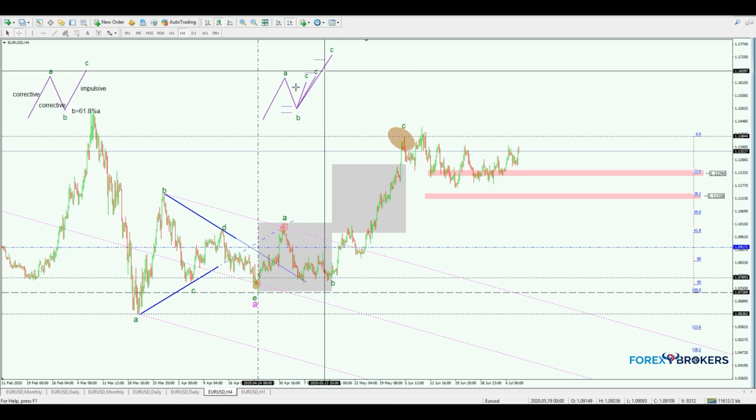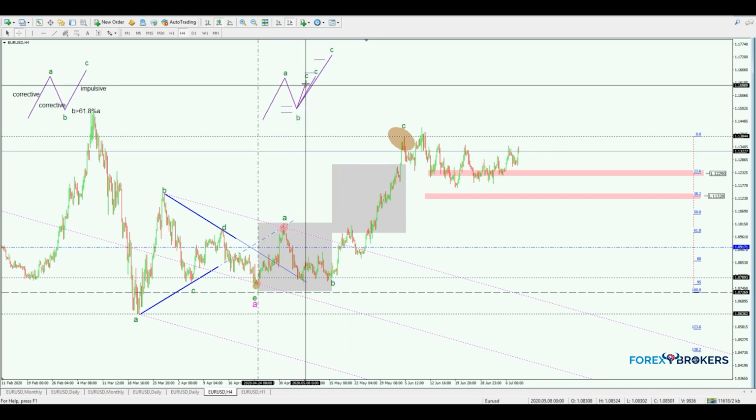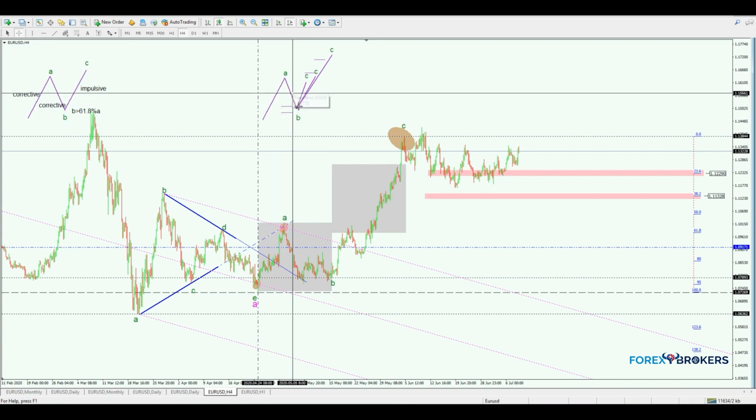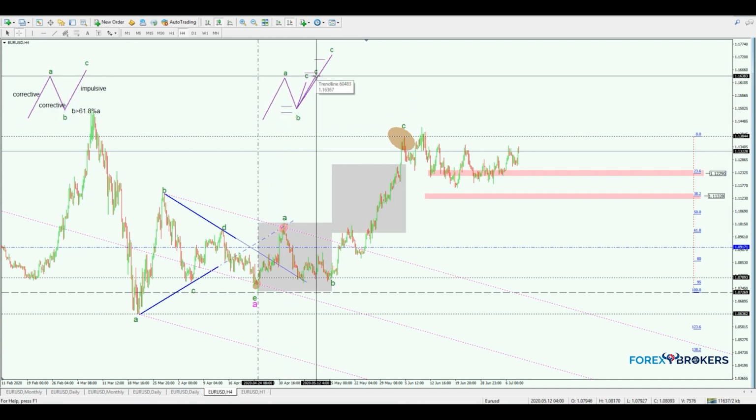So if this is an A, B, C flat with a double failure, expect a strong market reaction in the opposite direction. If this is a flat A, B, C with a B failure, expect a strong reaction in the opposite direction. Obviously, the flat with a double failure is much more powerful than a flat with a B failure.